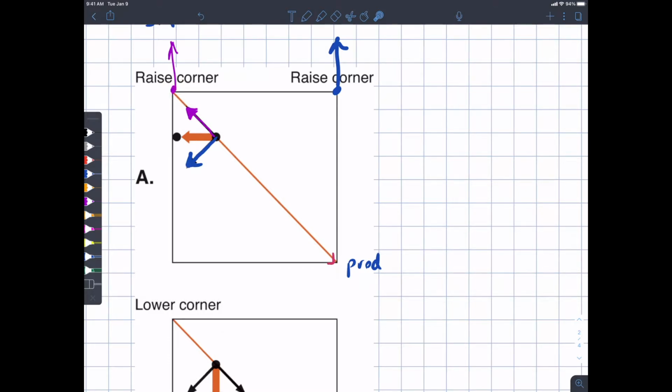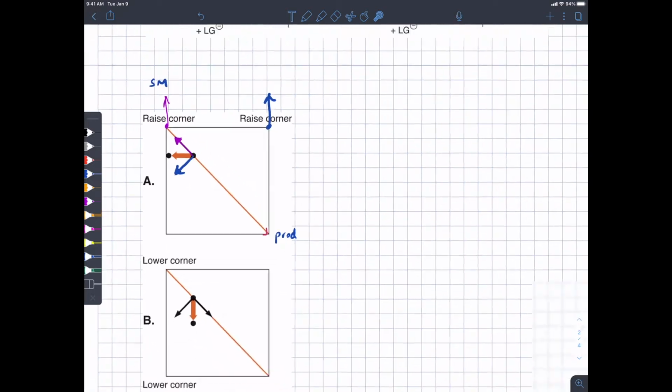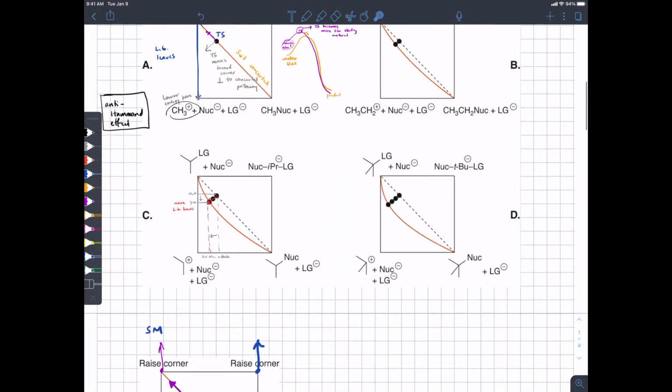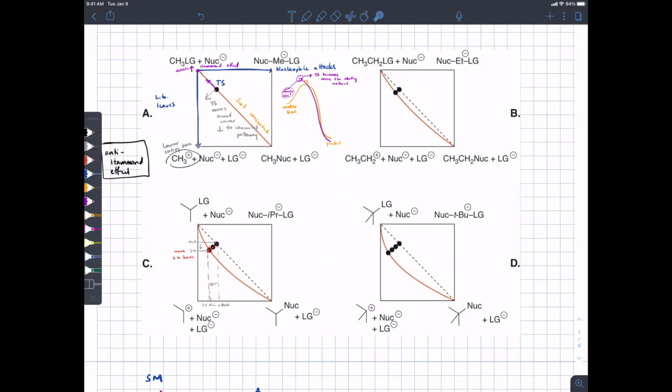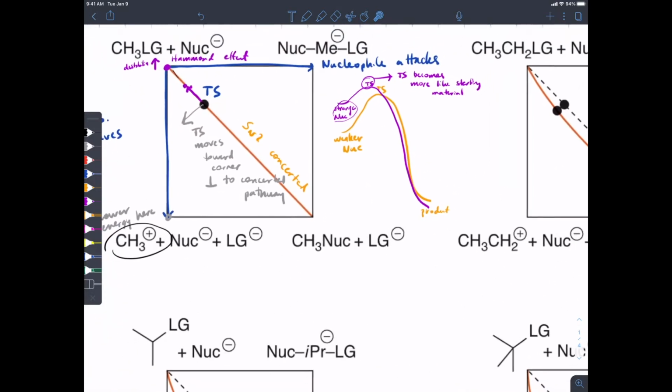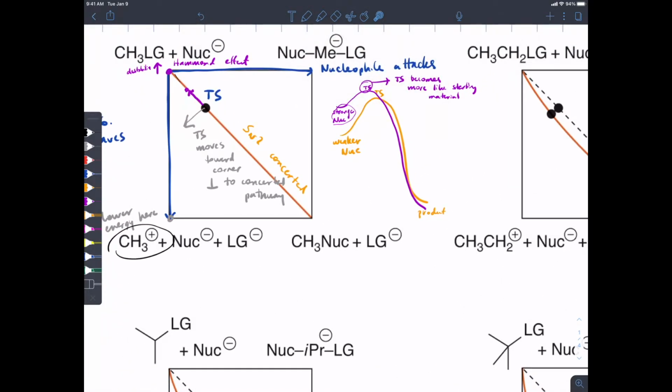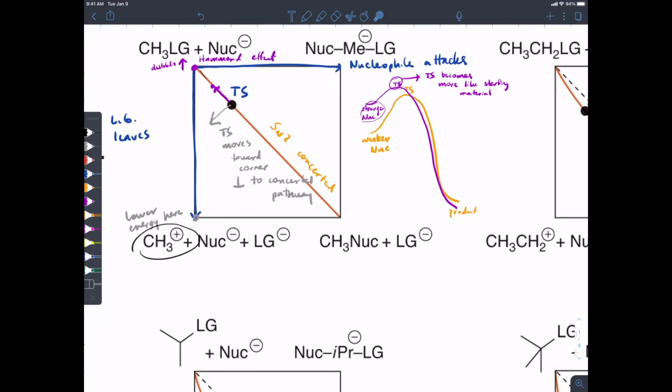Okay, but up there, when you were explaining the SN2 reaction, where the nucleophile attacks and the leaving group leaves, I thought if we make that intermediate more like the nucleophile attacking and the leaving group leaving, the transition state would move towards that end rather than this other end.